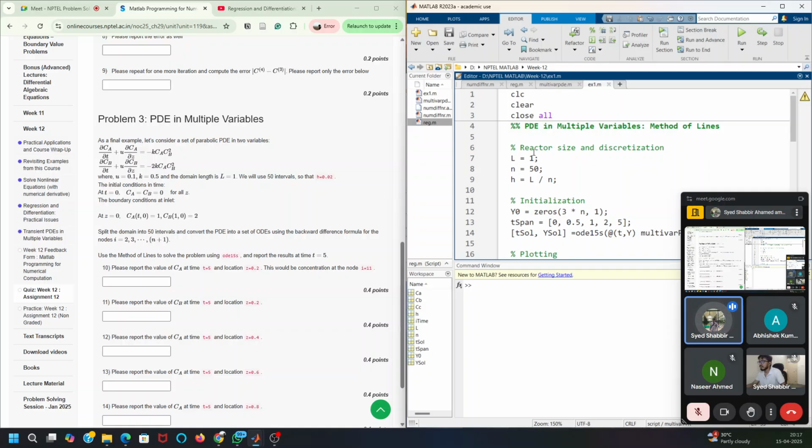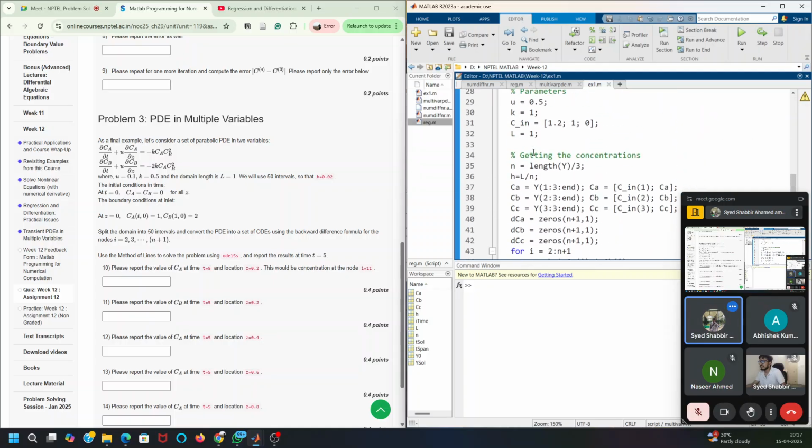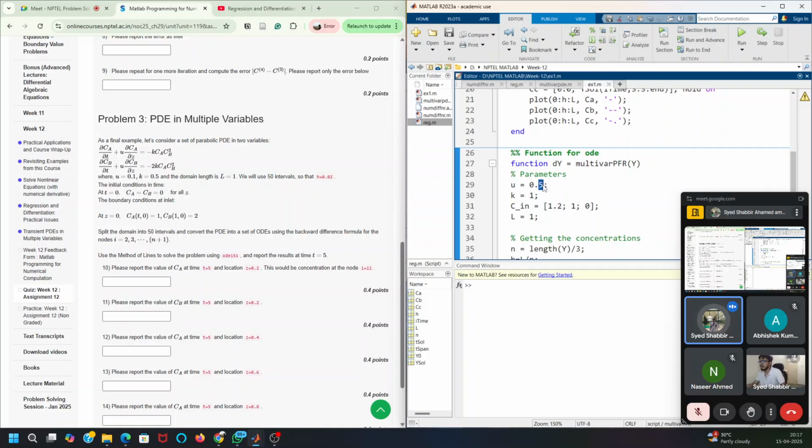U is 0.1, 0.1 here, and K is 0.5. And these are our initial values.